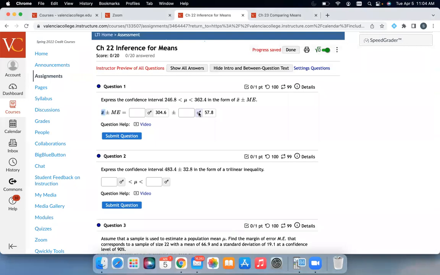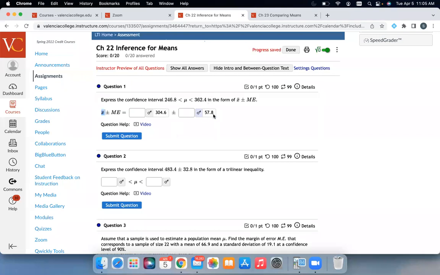Okay, now another way we could have done this, the same problem, is figuring out, this is the number in the middle. How much higher and lower did I go above it? So once I had this, I could have done top minus middle to get 57.8. Or I could have done middle minus bottom.